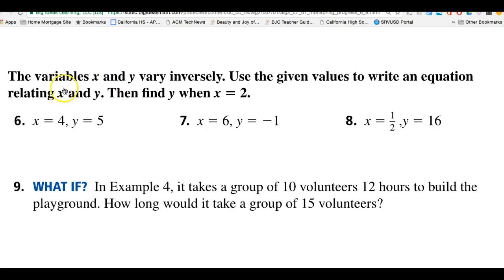Each equation goes in its own text box. Number 6 will pop up first, then number 7, then number 8. So remember your instructions. You're told that x and y vary inversely, and you're going to use the given points, which are different for each problem, to write an equation relating x and y. Then for each equation, I want you to find y when x equals 2.